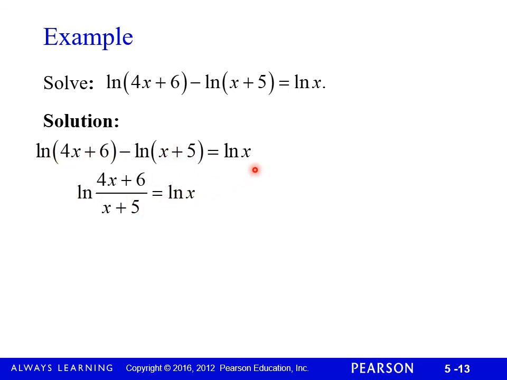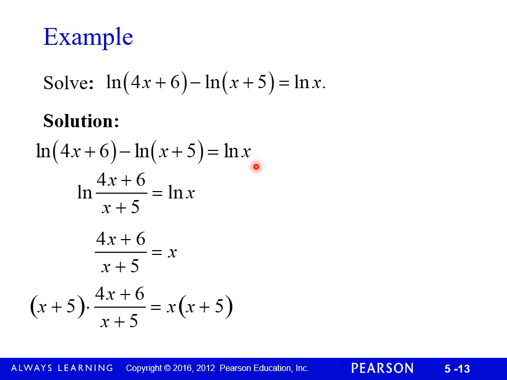Now that we have log equals log, we can use that bathroom humor and drop a log. Drop both logs, actually. Drop 2 logs here. And we get 4x plus 6 over x plus 5 equals x. If we cross multiply or multiply both sides by the denominator x plus 5, we'll get rid of the fraction. And we just get 4x plus 6 equals x squared plus 5x.